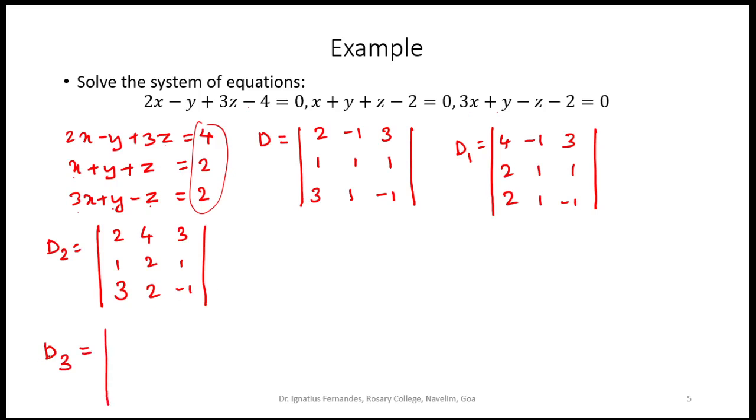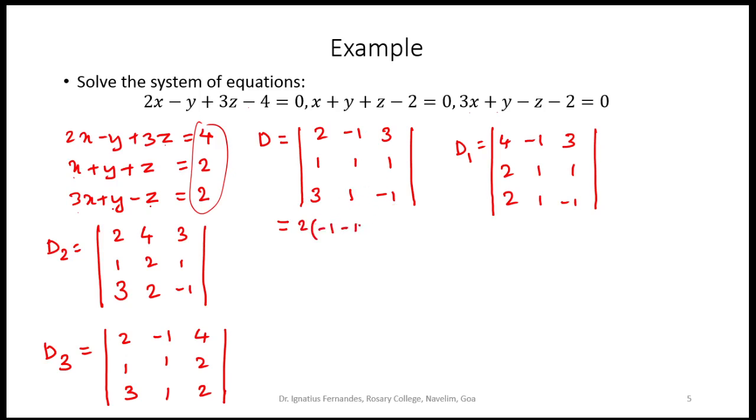D3 will be now third column replaced by this right side column. So the first two columns as it is 2, 1, 3, minus 1, 1, 1, and this third column replaced by 4, 2, 2. So all that I have to do is find the values of each of this determinant. So if I have to find out the value of this determinant, it is 2 into 1 into minus 1 is minus 1.